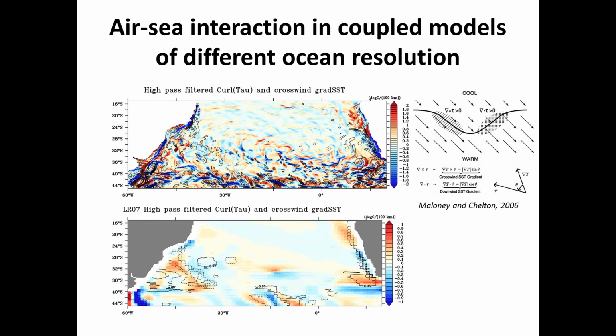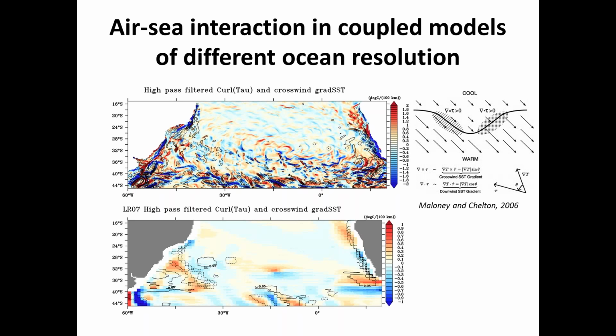And of course, we have all these mesoscale features. They enhance the coupling between the ocean and the atmosphere, in which the ocean manages to force the atmosphere. And here is one example from a high resolution coupled model and a low resolution coupled model, which I'm going to talk about later on.